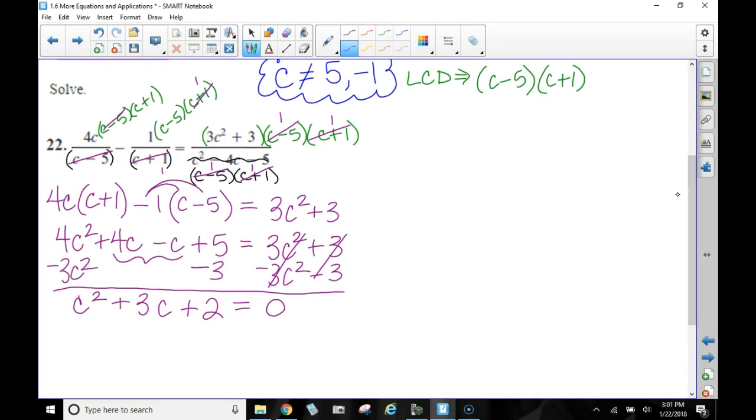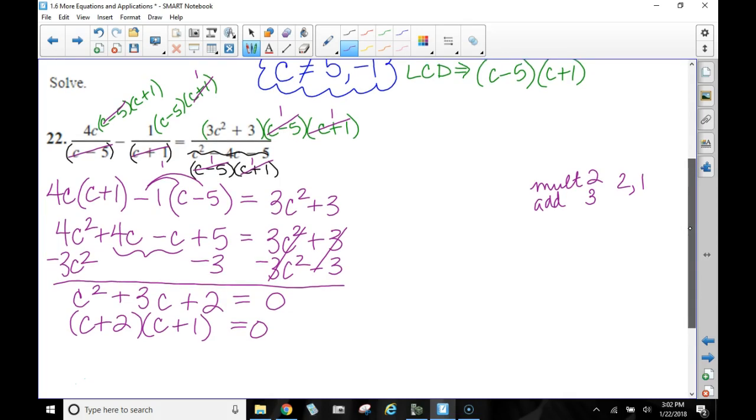There we go. Now I think this one factors. I'm thinking of two numbers that multiply to give me 2, but combine together to give me 3. And that's going to be a 2 and a 1. So the left-hand side factors into c plus 2 times c plus 1. Bring down the equals 0.